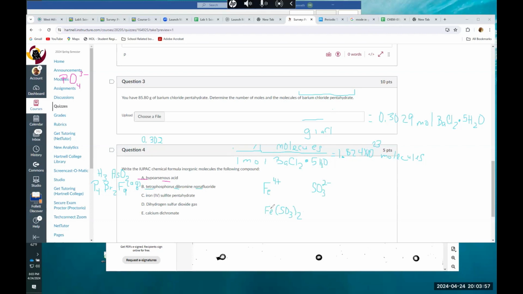And then we need our dot for the 5H2O. So that would be our C.